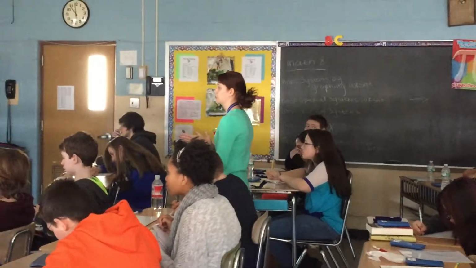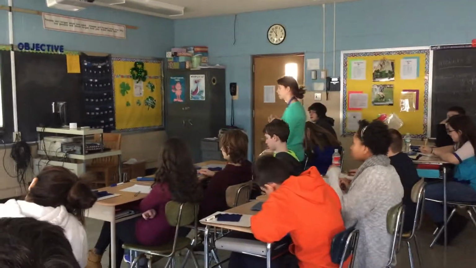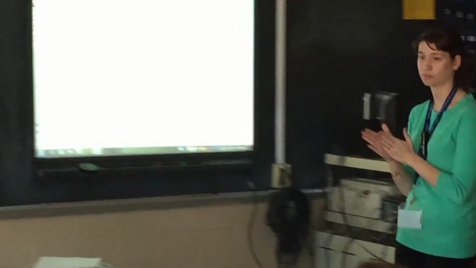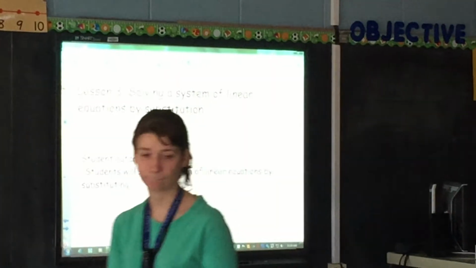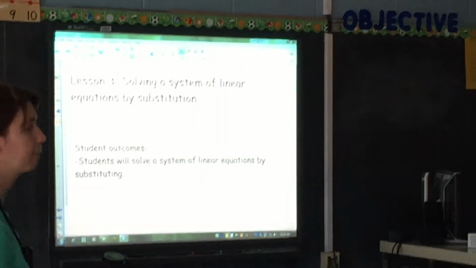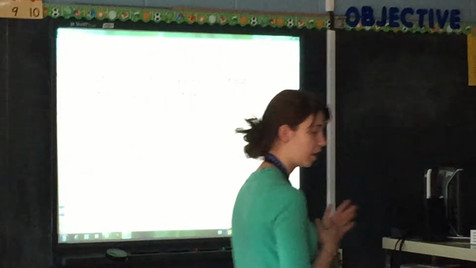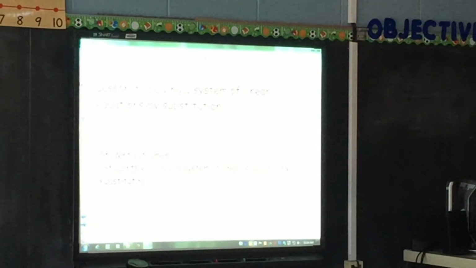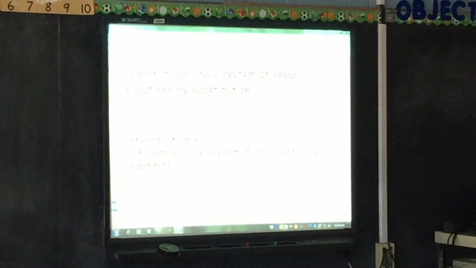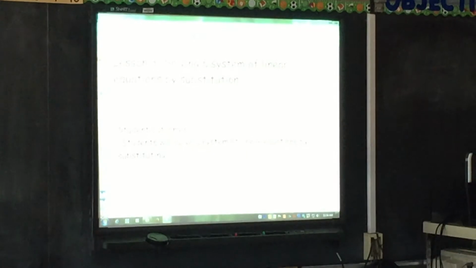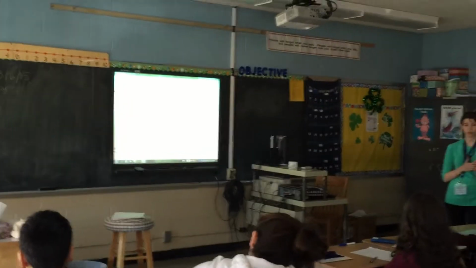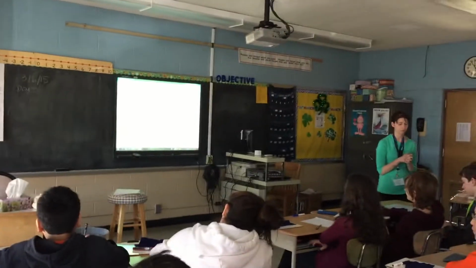Solving a system of linear equations by substitution. Copy that into your notebooks. Lesson 3, solving the system of linear equations by substitution.